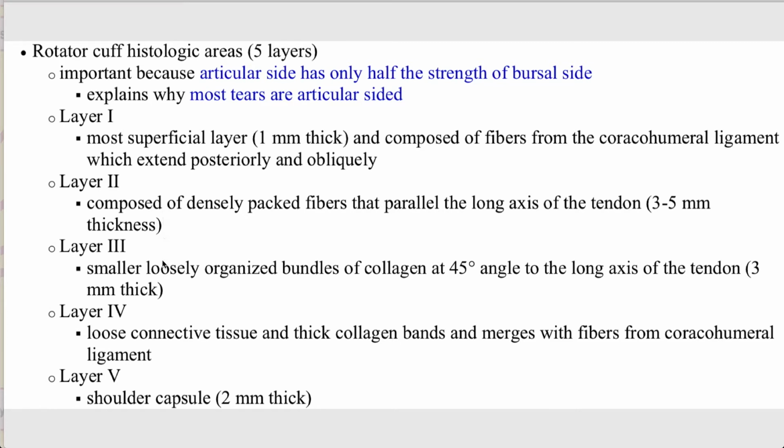Moving on to the deeper layer, the layer that is closer to the bone has more organized bundles of collagen, and it also has a mixture of some loose connective tissue and thick collagen bands that converge and merge with the fibers of the coracohumeral ligament. And in the deepest layer, you could see that the shoulder capsule is also part of the rotator cuff layers.